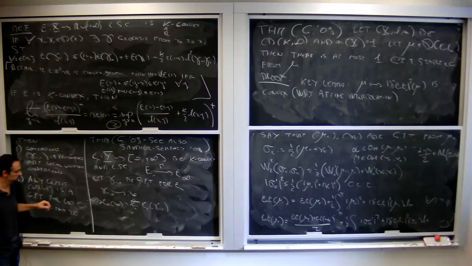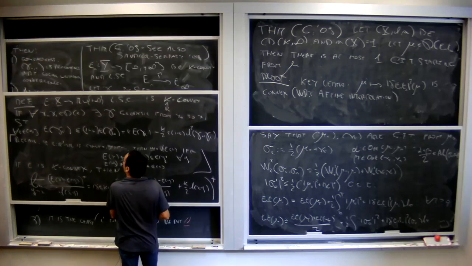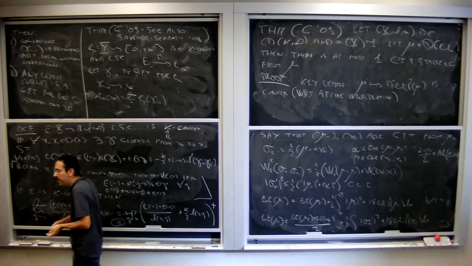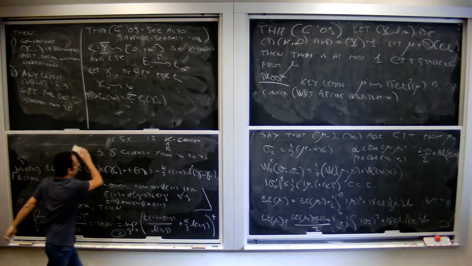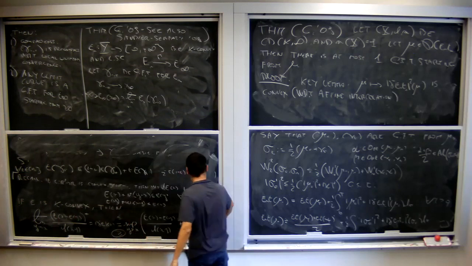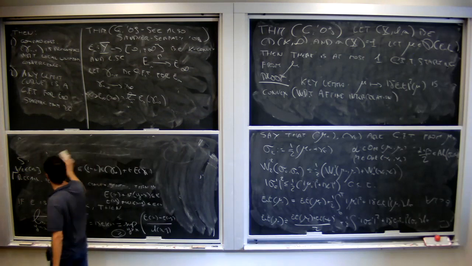Let's prove this. Actually, the proof has basically the structure of any proof that involves gamma convergence. The proof is easy. Okay. Here it is. Okay, compactness. Compactness is an exercise.